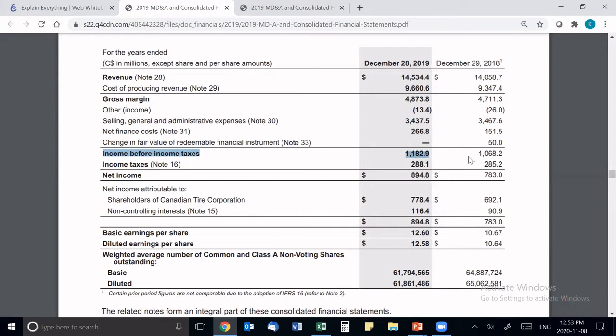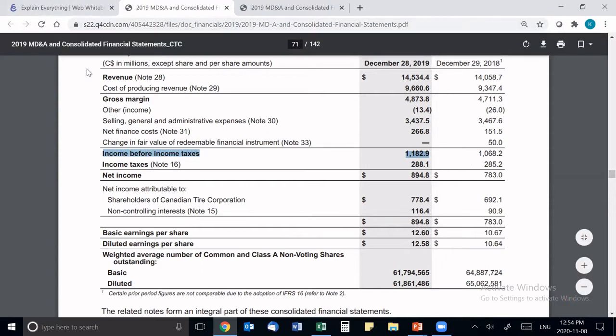Okay, so your income there before taxes is 1,182. So you already figured out how to record the revenue, how to record the costs, the expenses and revenues, and you know how to get to net income before taxes.